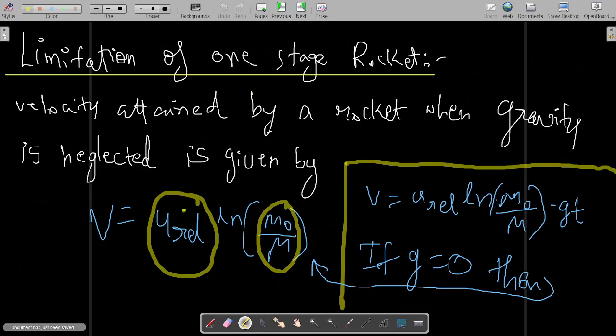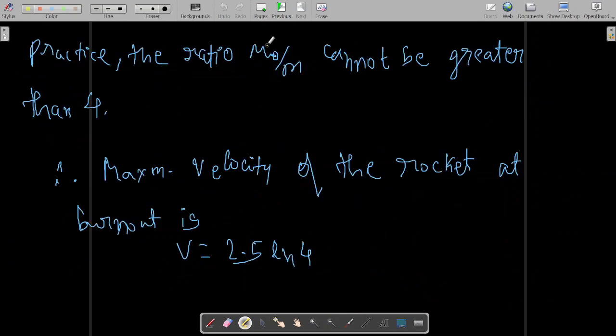As soon as you put the maximum attainable values of u relative and m naught over m, you will get the maximum attainable value of v. So V equal to 2.5 ln 4, because u relative can be maximum 2.5 and m naught over m can be maximum 4. So the maximum attainable velocity of the rocket at burnout is like this.